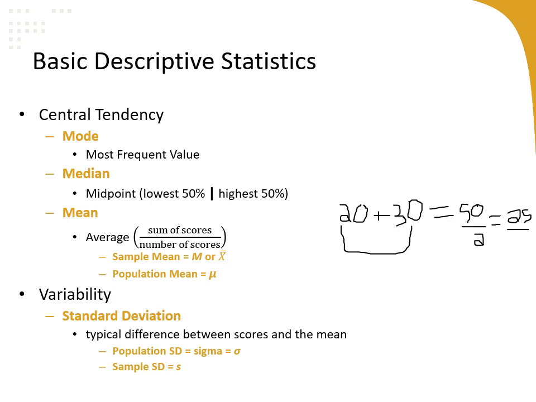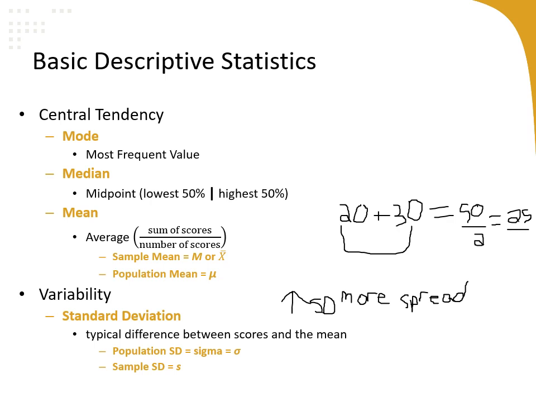Now that is a very, very basic, simple example, but it helps drive the point home of what the standard deviation is. The higher the standard deviation, the higher the SD, means that scores are more spread out. So more spread out, more variability, bigger differences.